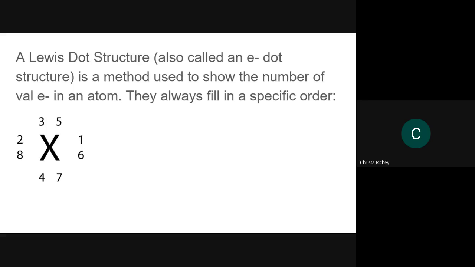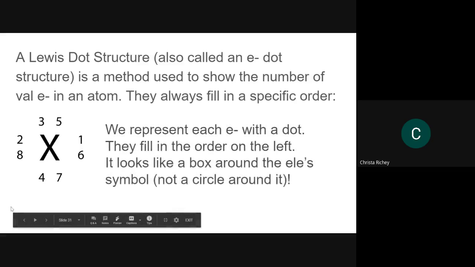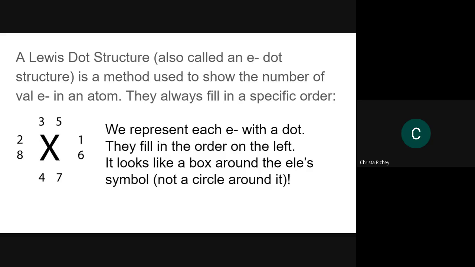It's going to go in order: 1, 2, 3, 4. Then always up top again: 5, 6, 7, 8. Am I going to really get after you if you don't have it exactly in the right spot? No. But north, south, east, west each gets 1 before you duplicate.